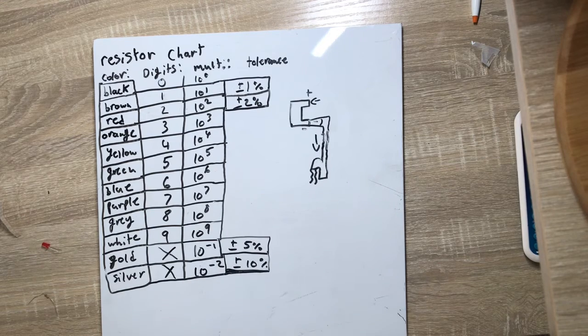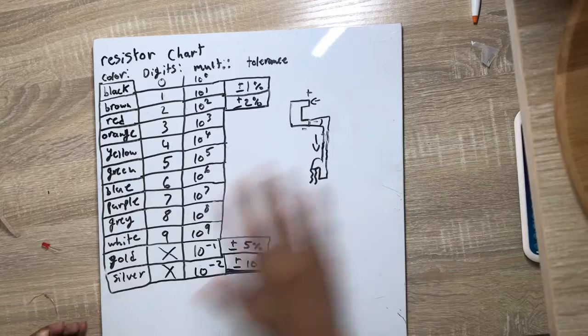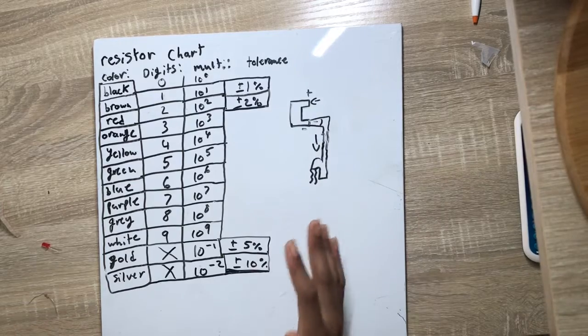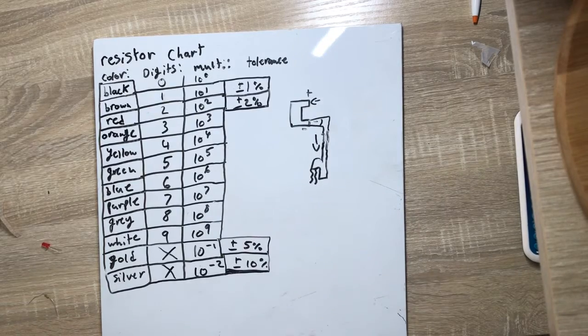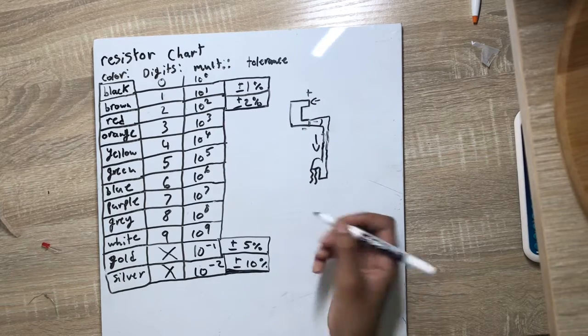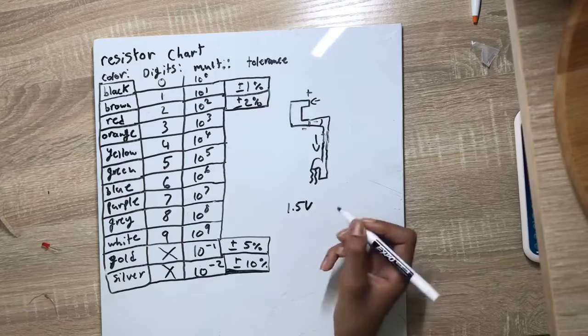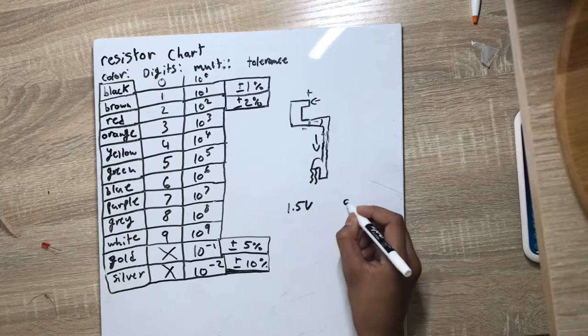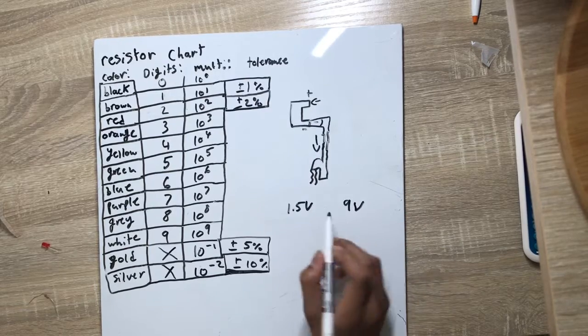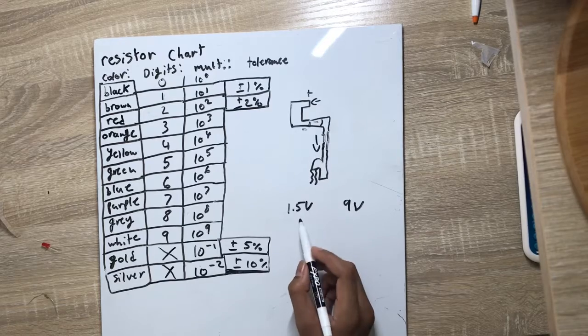But the problem is there's a really big range of electricity and a really big range of resistance that we need to use, right? There's batteries that are just 1.5 volts, like normal AA batteries, and then we have the 9-volt batteries. That's a huge difference right there, right? A huge jump.